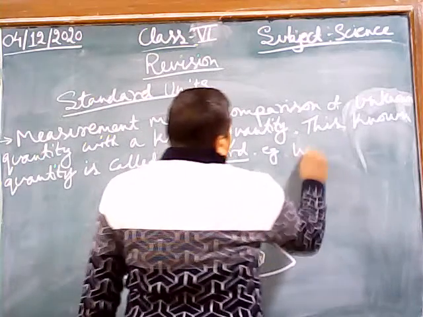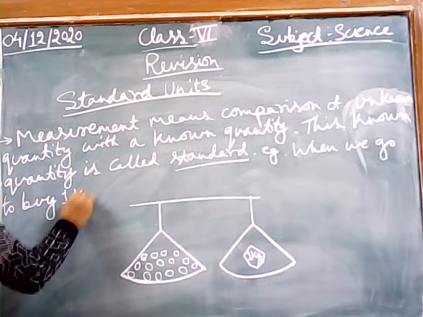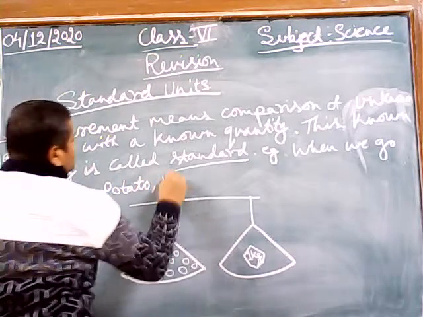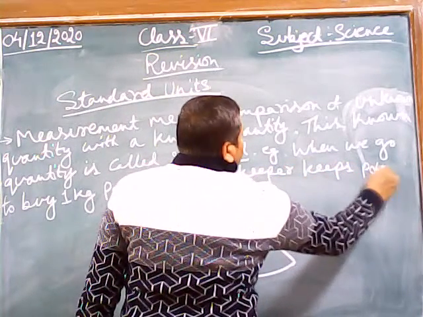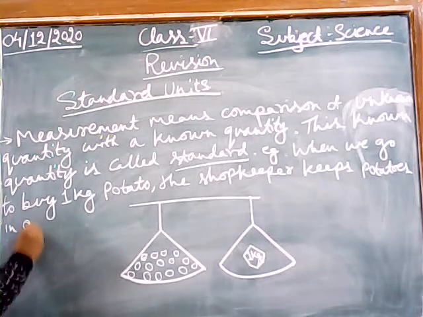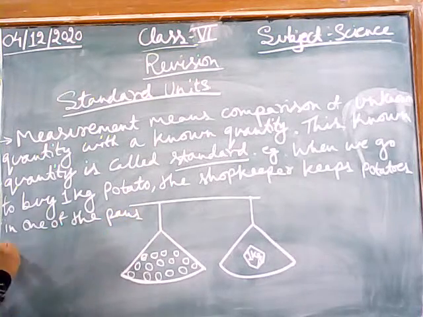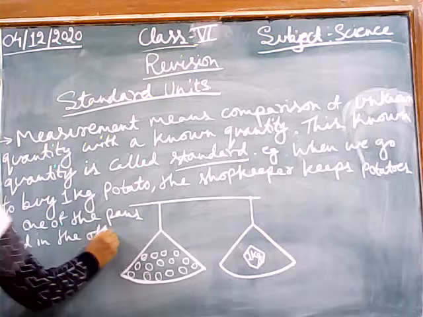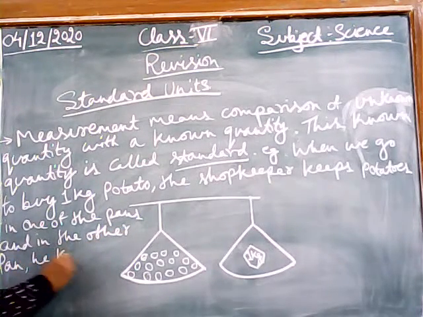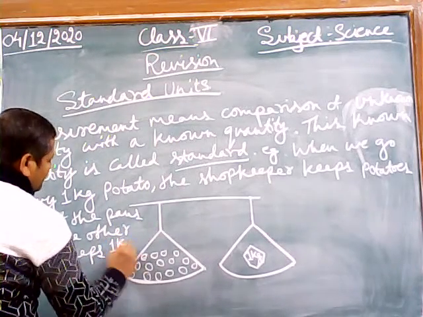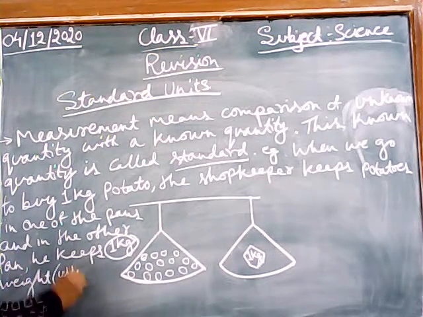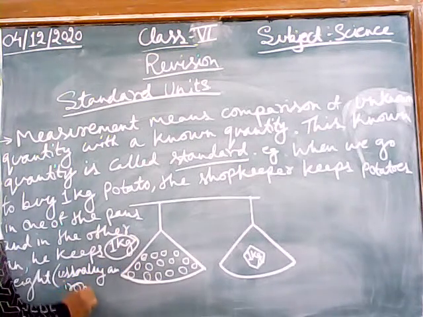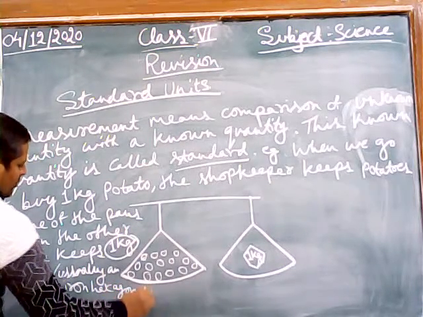For example, when we go to buy 1 kg potato, the shopkeeper keeps potatoes in one of the pans, and in the other pan he keeps a 1 kg weight, usually an iron hexagonal bar.